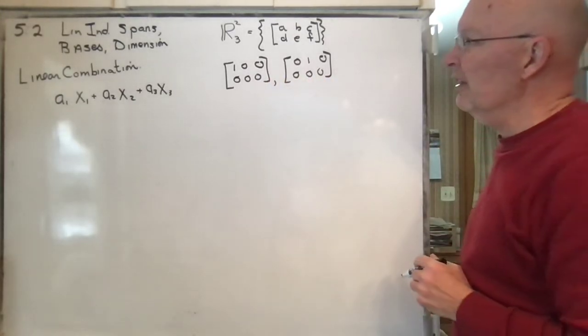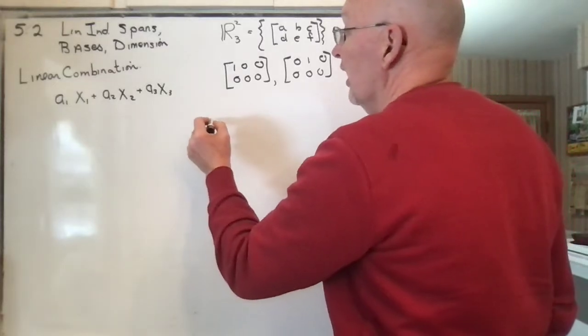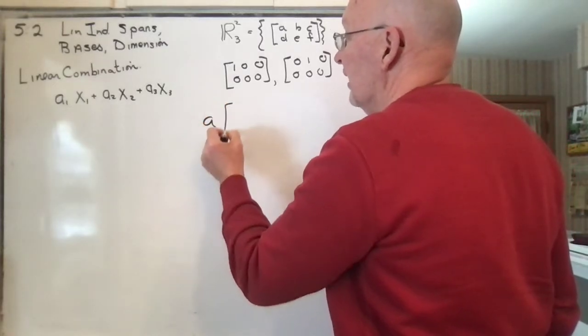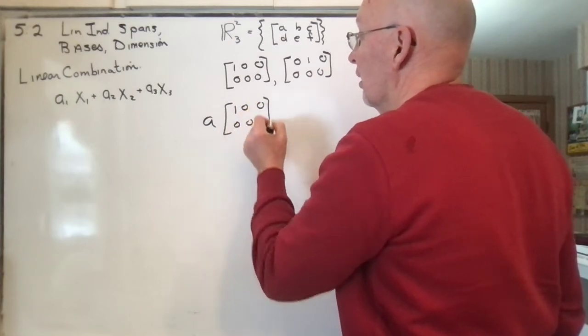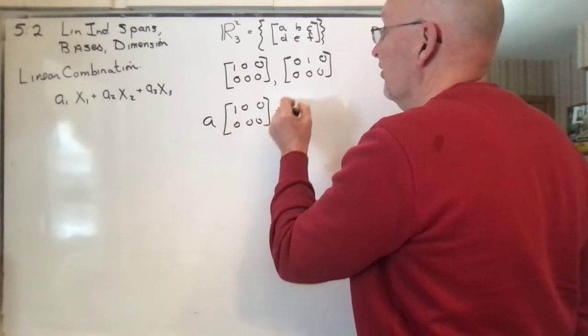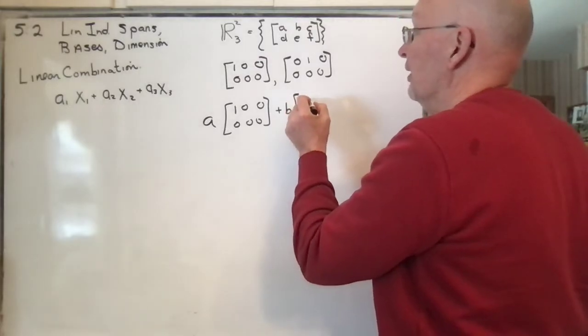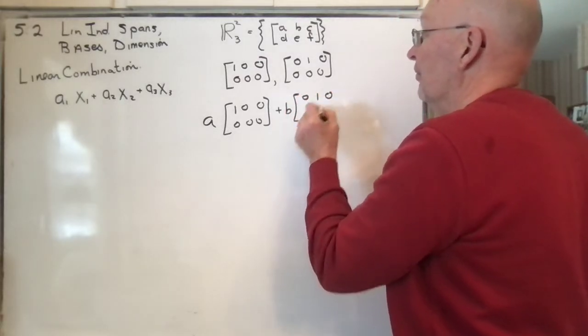That is, I take some constant A times this one, plus some scalar B times this one.